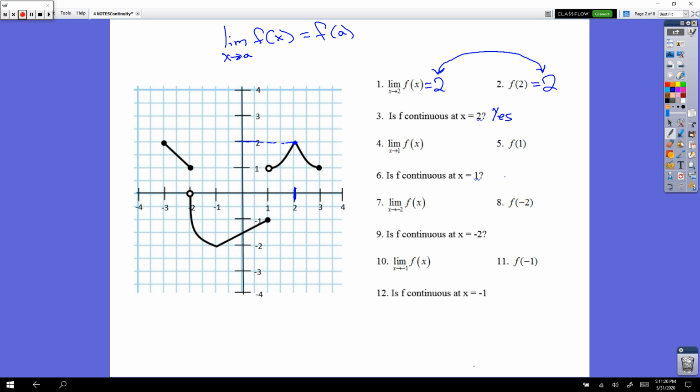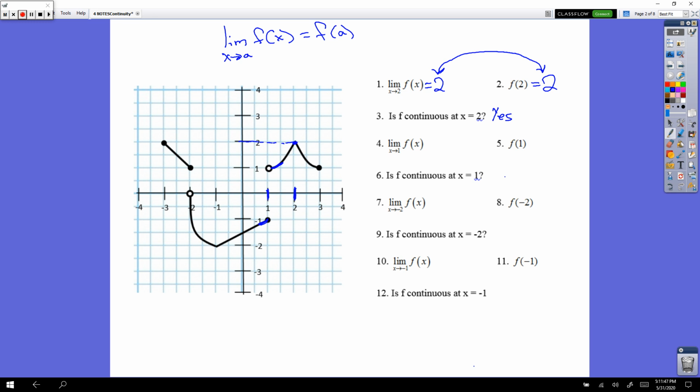Now let's look at an example when it's not going to be continuous. I know you can see on the graph that it's not continuous, but that's to give you a visual of what we're going to use when we just do the substitution part, because you're not going to have that visual. Looking at number 4 here, the limit as x approaches 1 of f of x. Here's x equals 1. Here's part of the graph, and here's part of the graph. Since those things are at different points, there's that break, right?